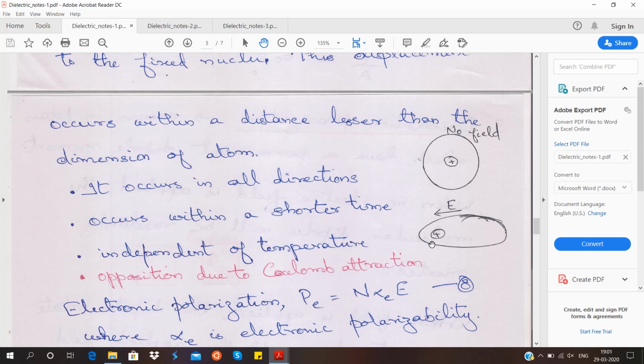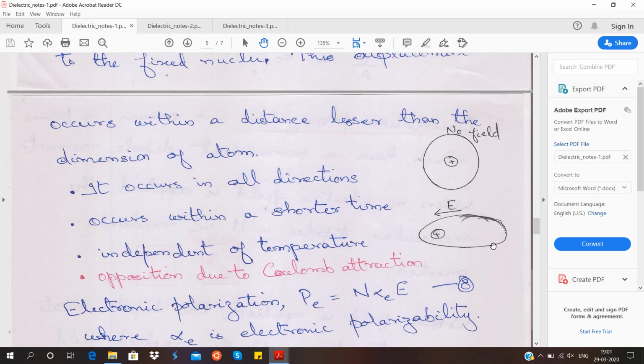It becomes like an oval shape. So there is a distribution of charges now, an arrangement of charges between the positively charged nucleus and the negatively charged electron cloud. So this movement of the charges, you would term it as electronic polarization.